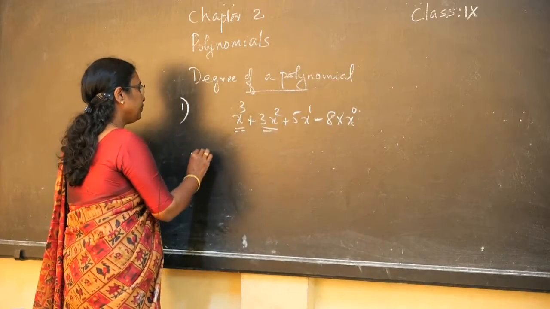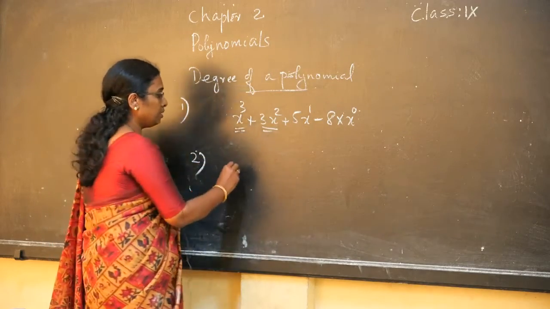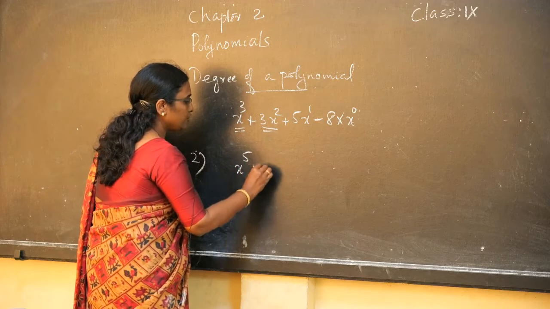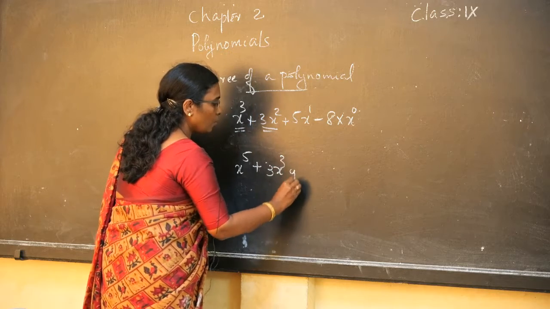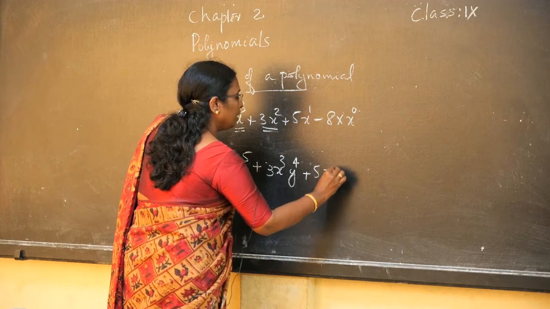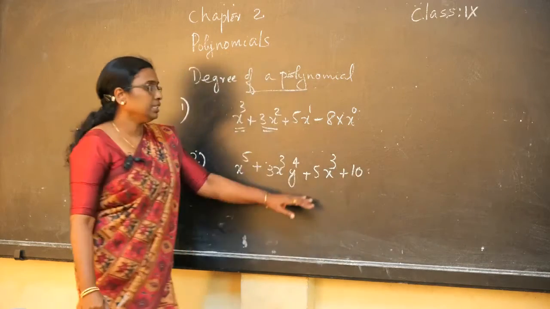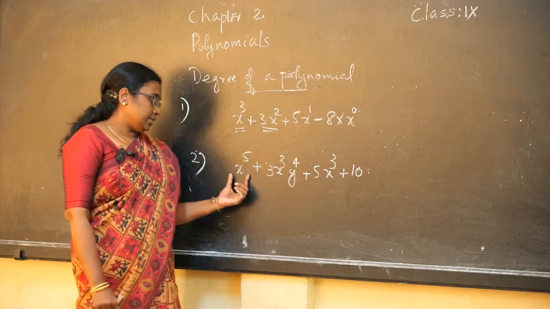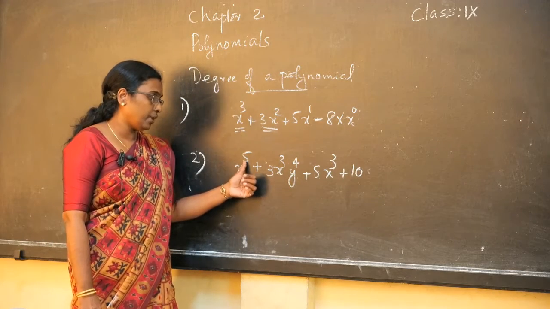Next one, polynomial involving more than one variable. For example, x raised to 5 plus 3 x cube y raised to 4 plus 5 x raised to 3 plus 10. Consider this example. The first term, x raised to 5, has exponent 5.